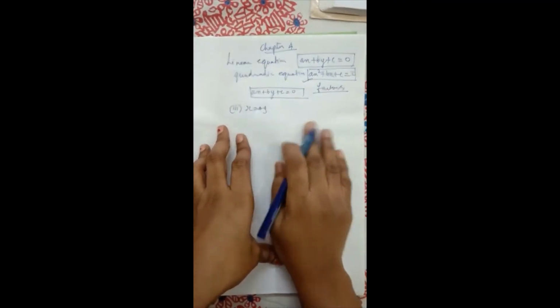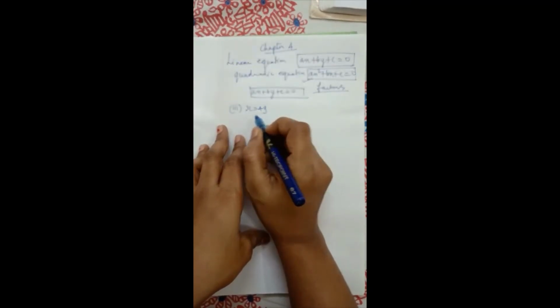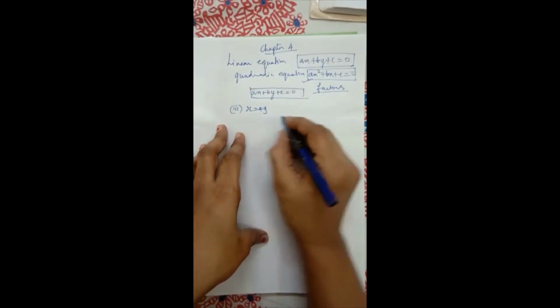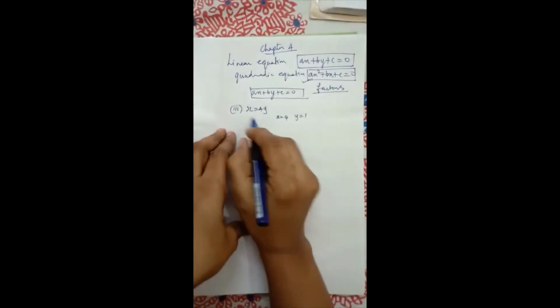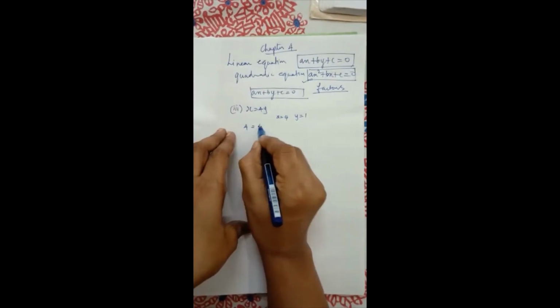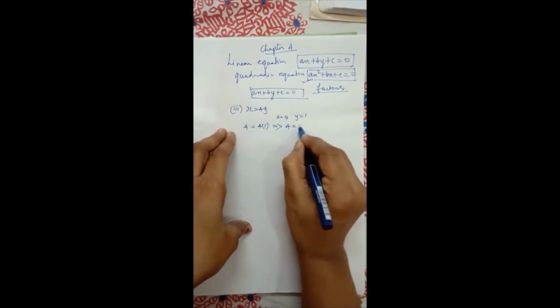Students, listen, for that you have to take any points for x and y, but both sides should be equal. For example take x is equal to 4, y equal to 1. Put in the equation: x is 4, that is equal to 4y, y equal to 1. So it will be 4 is equal to 4.